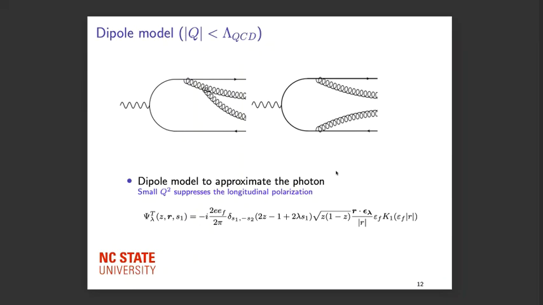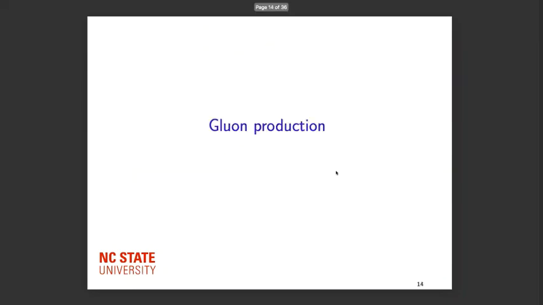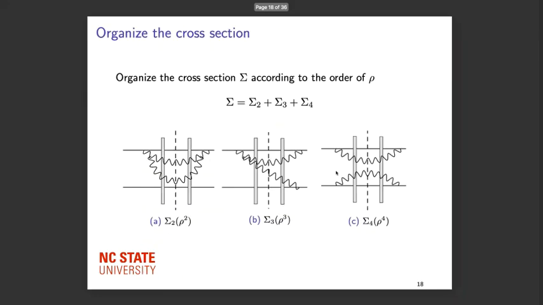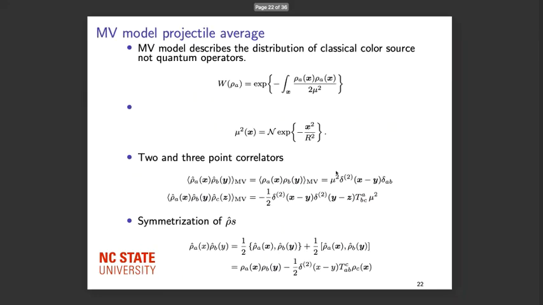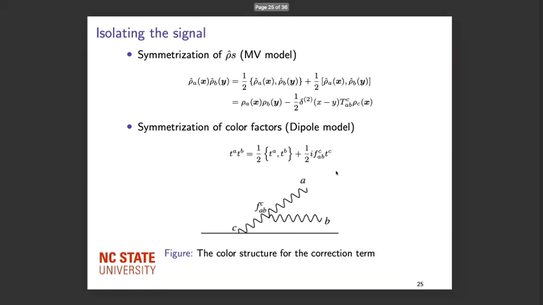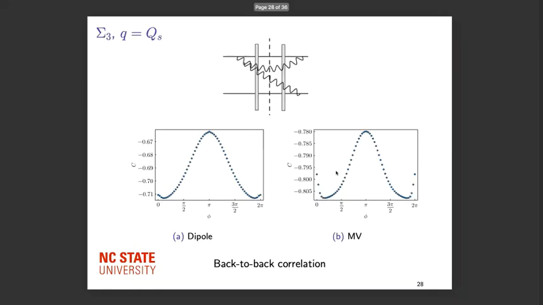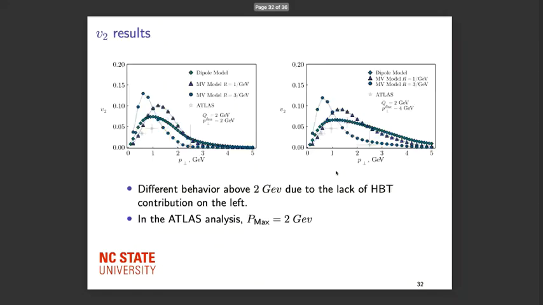The other one is HPT. HPT is essentially delta K1 plus K2. So let's say K1 is the trigger particle, K2 is the associated particle.